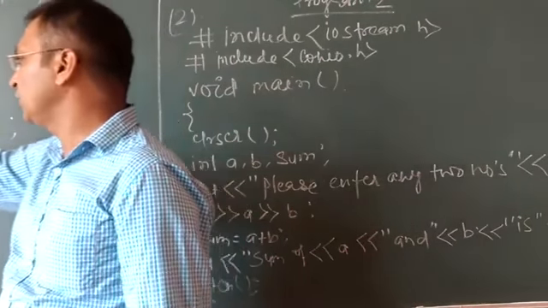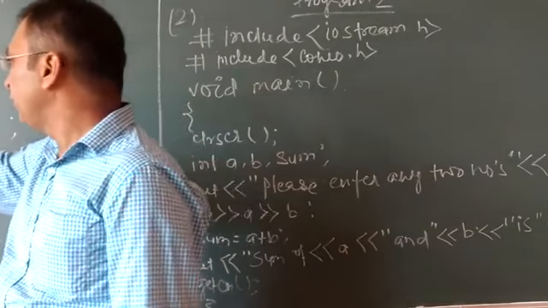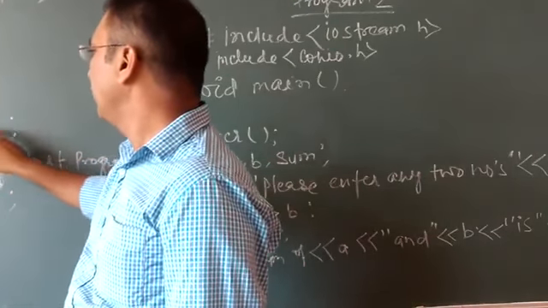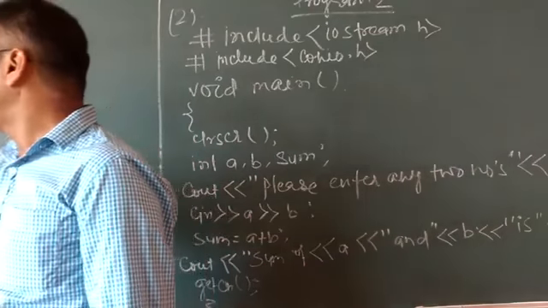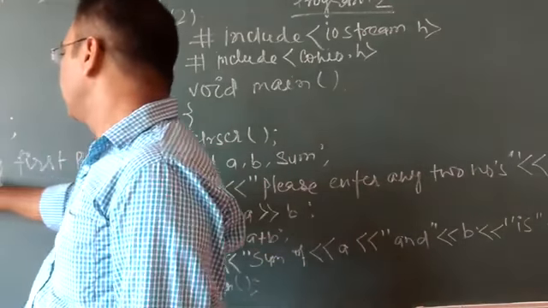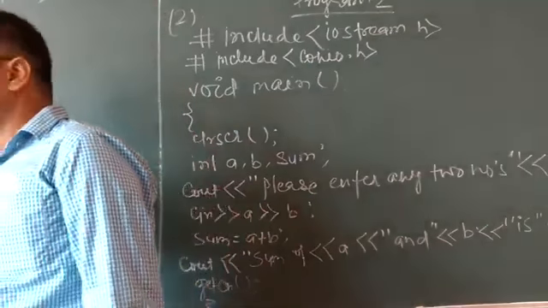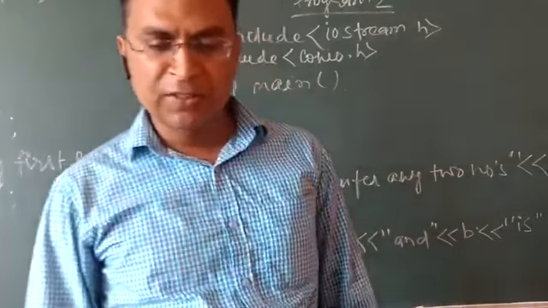Here we are using cout, and now we have written welcome and a semicolon. Again we are using cout: this is my first program using C++. And then we are closing the parenthesis.